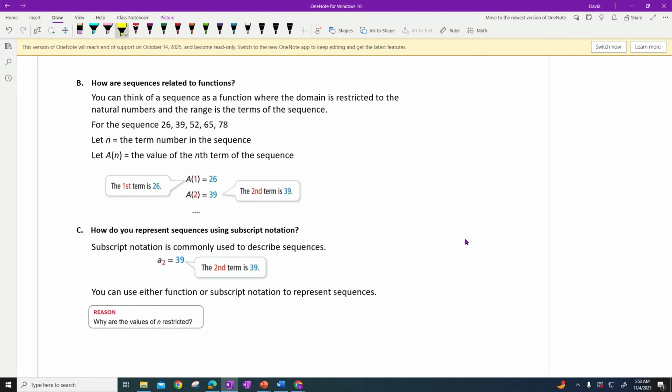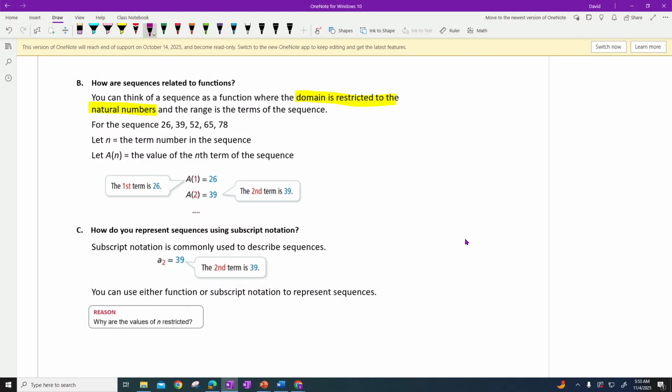You can think of a sequence as a function where the domain is restricted. We talked about restricted before. What's the rules? And for restricted on number sequences, they have to be natural numbers. Okay, you cannot have a decimal of a term.